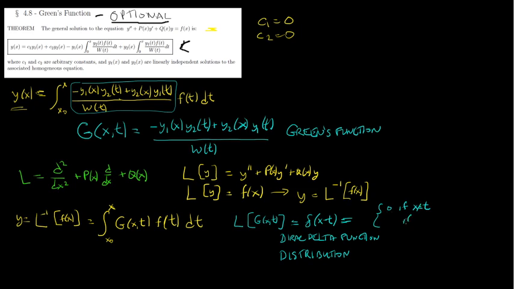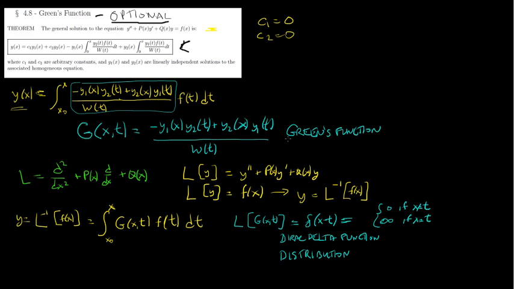And when they are equal, if x does equal t, this is just infinite. It's defined to be infinity, which of course doesn't make sense. That's why this is really not a function here. The way it's defined is in terms of an integral, actually. But let's not get into that. I think I better just stop here and leave it at that.